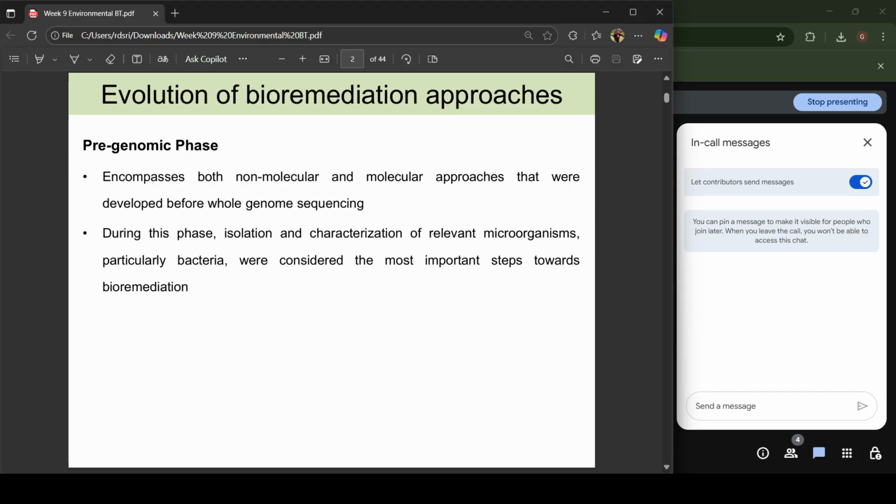In this phase, the isolation and characterization of microbes was focused. When talking about microbes, we have bacteria, archaea, algae, fungi. But in the pre-genomic phase, isolation and characterization, especially of bacteria, was considered more.